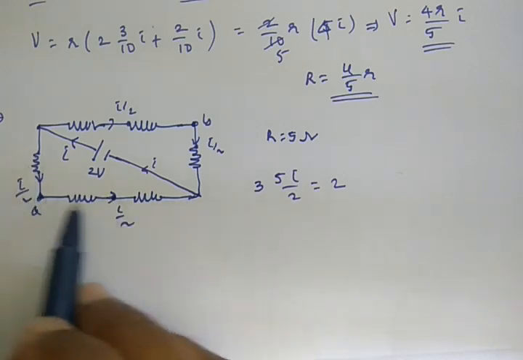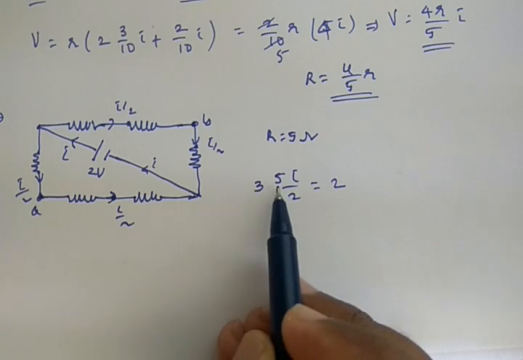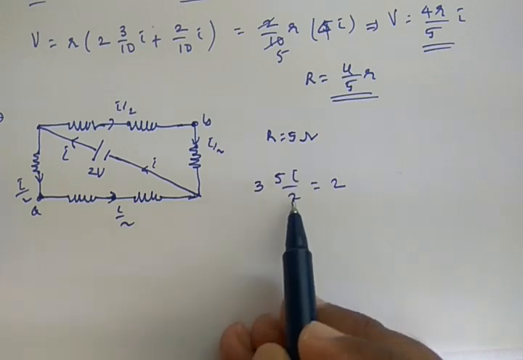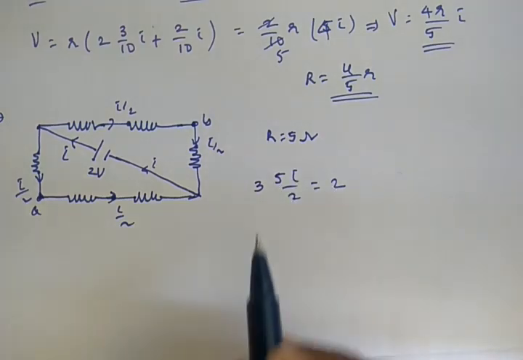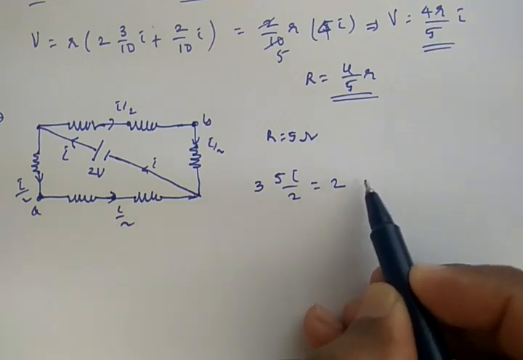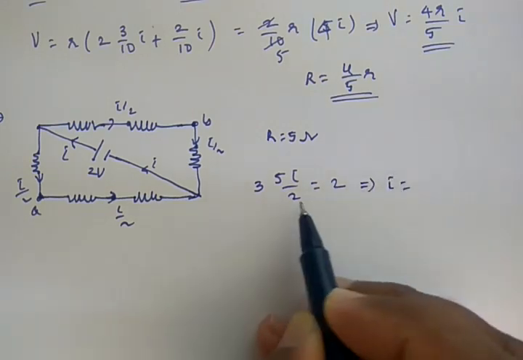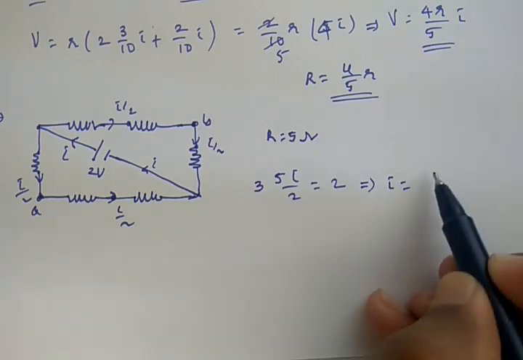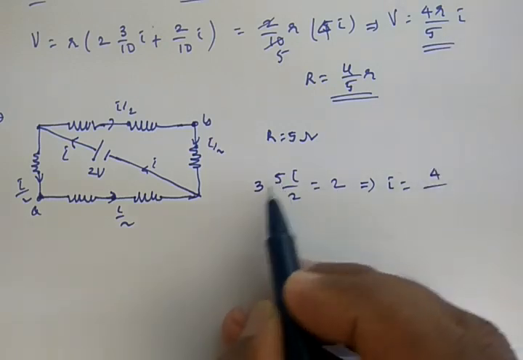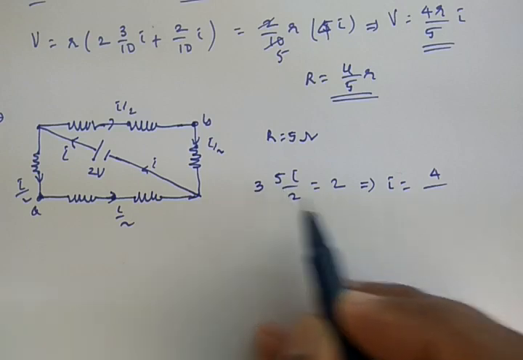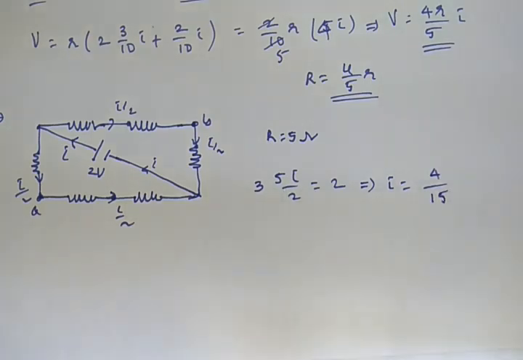Then there are 3 voltage drops, so 3 into 5I by 2 equals 2. So from here you can compute what I is. That implies I will be 2 into 2, 4 by 3 into 5, 4 by 15.